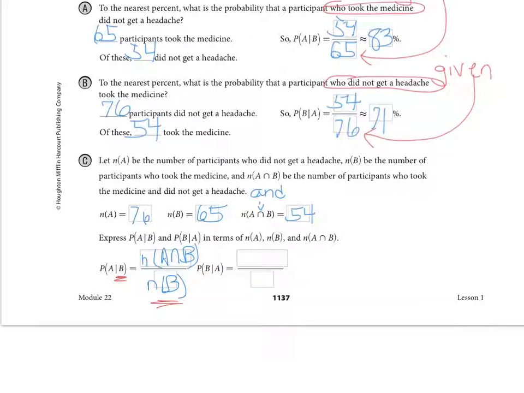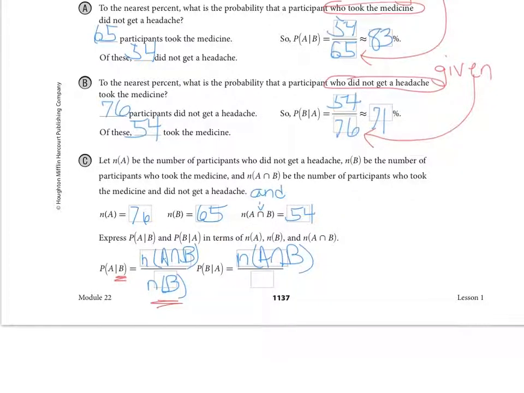Then the reverse is also true. The probability of B given A is the number of A and B again, because looking back, probability of B given A is here, okay? Here's our 54 again, which we know we're tying into the intersection.